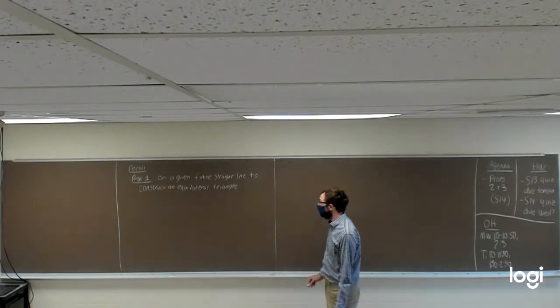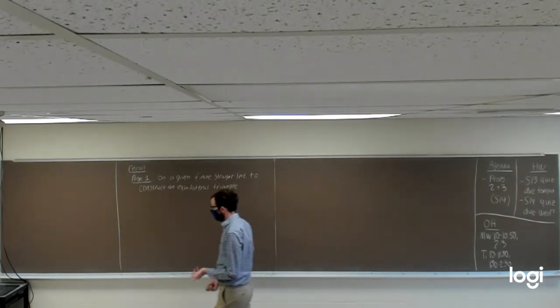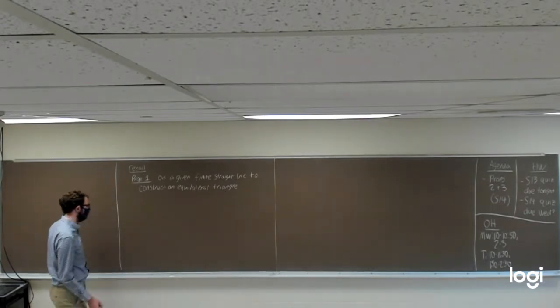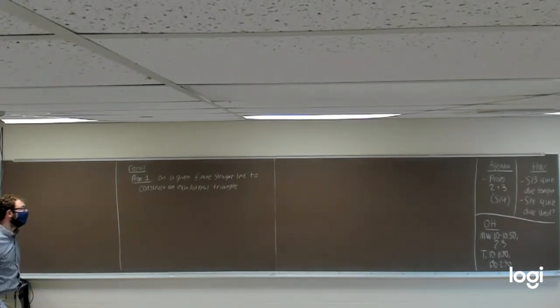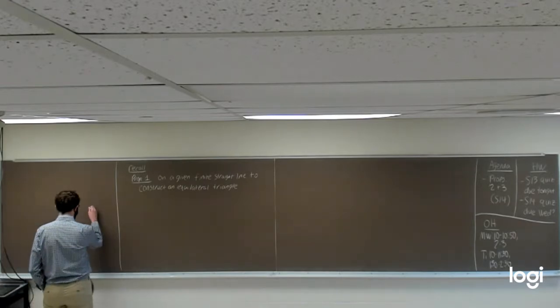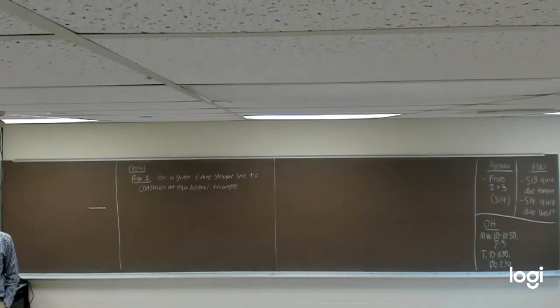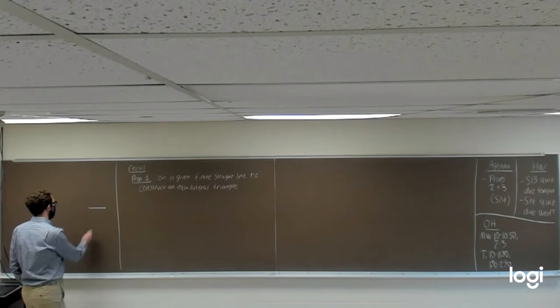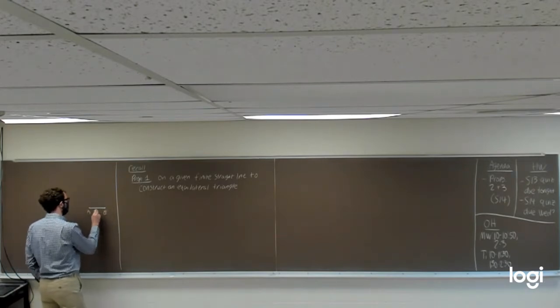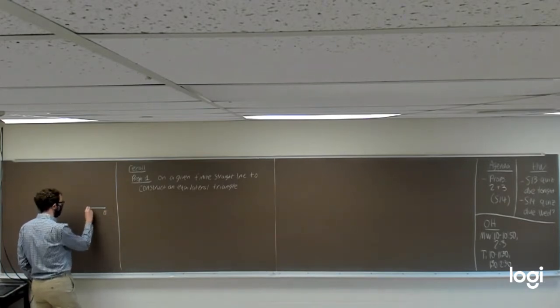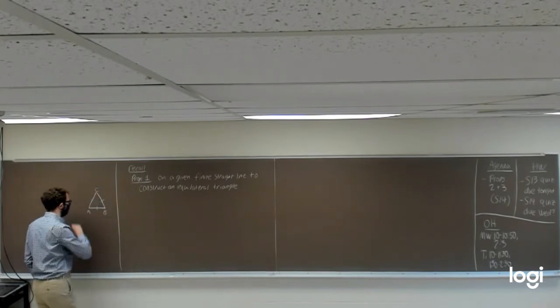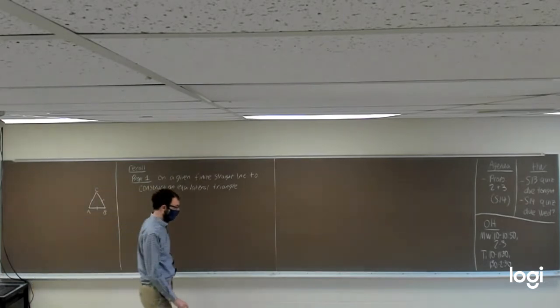Okay, so last time in class we proved Euclid's first proposition, the one that says, on a given finite straight line, to construct an equilateral triangle. Which in other words means that just using things that you're allowed to do from the postulates and the common notions, if I were to give you a straight line AB like this, we should be able to construct an equilateral triangle on it.